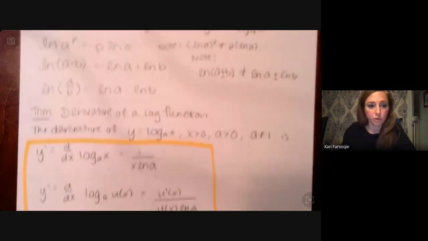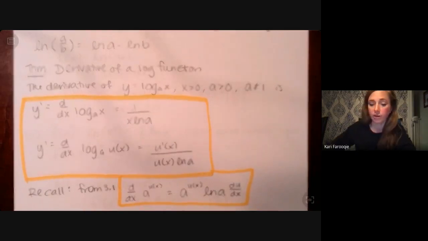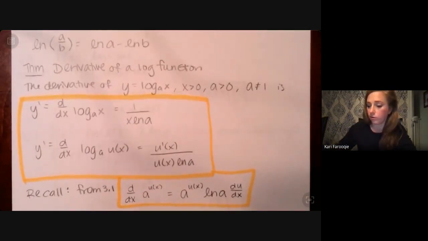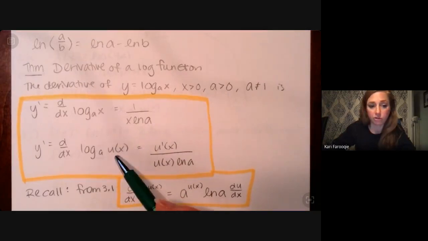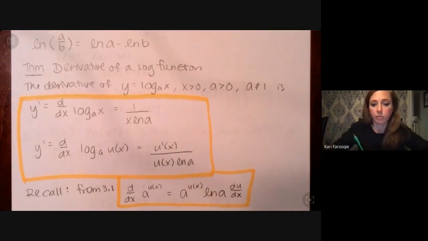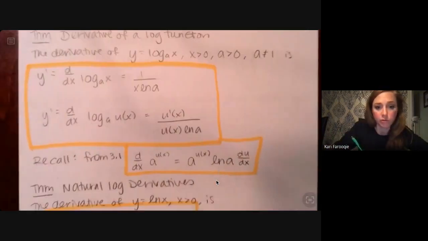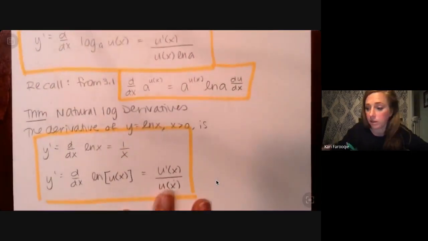Then I gave you some rules for derivatives of log functions. First, a log base a, which we're going to get to in a little bit, and then a log base a for some function of x. So I gave you these two. Then recall from 3.1, we had some derivatives for bases other than e.